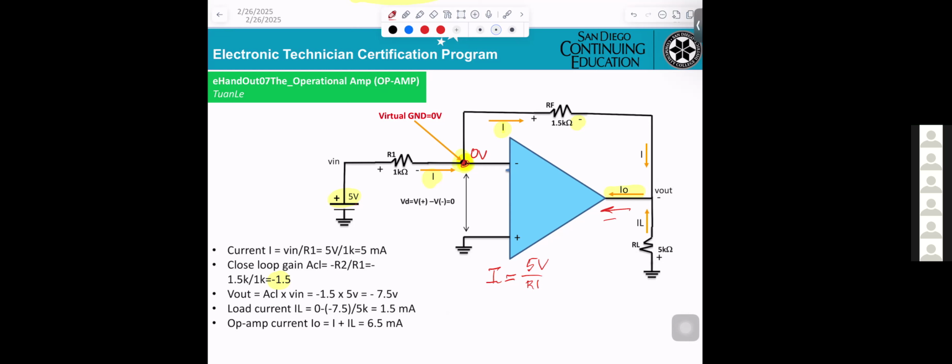So current I, as we already told you here, equals V in divided by R1. In this case, equal 5 milliamp. Now, if you want to calculate the gain, the closed loop gain, ACL equals minus RF over R1.